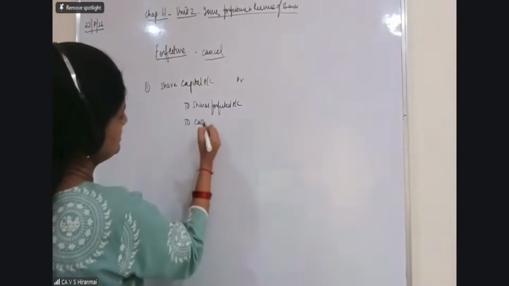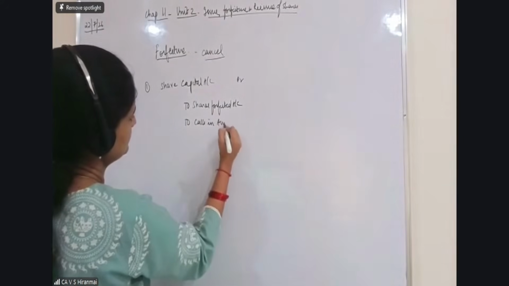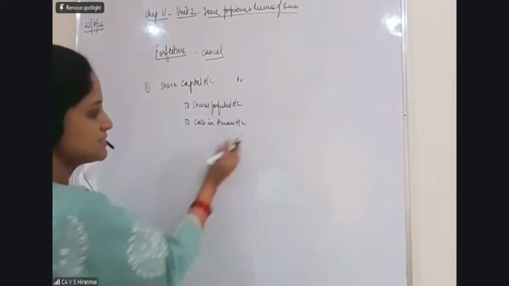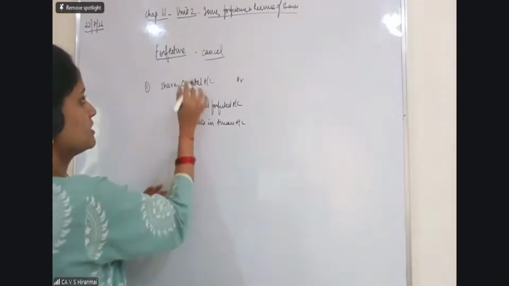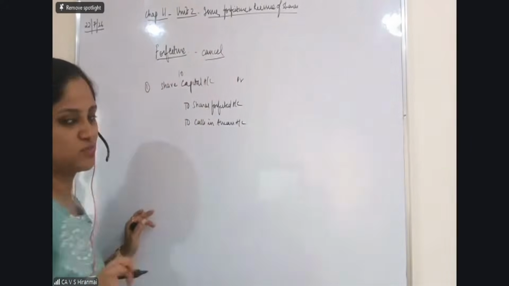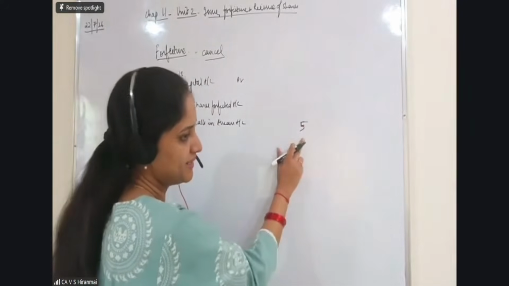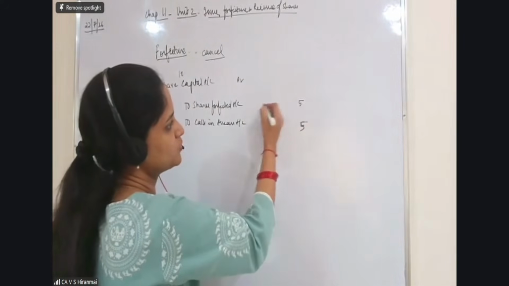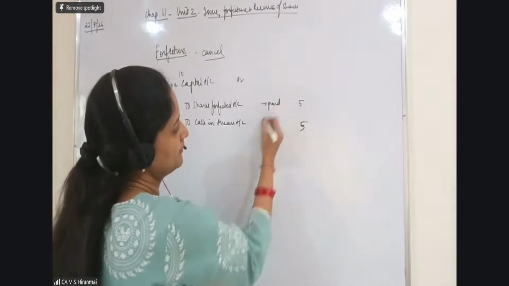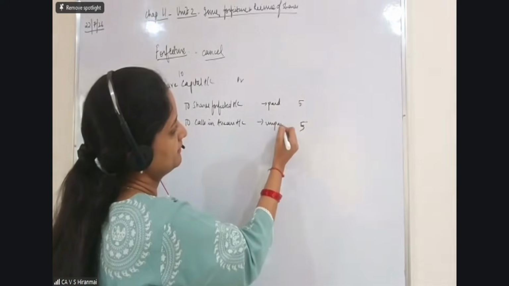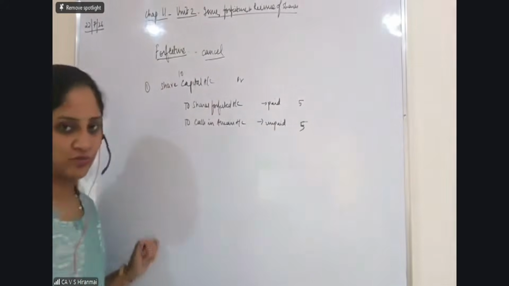The other one is the calls in arrears. इसका मीनिंग क्या है? The total share capital face value 10 rupees will come here. Calls in arrears, of course, let us say 5 rupees he has not paid. The remaining 5 rupees which he has paid will come here in the shares forfeited account.